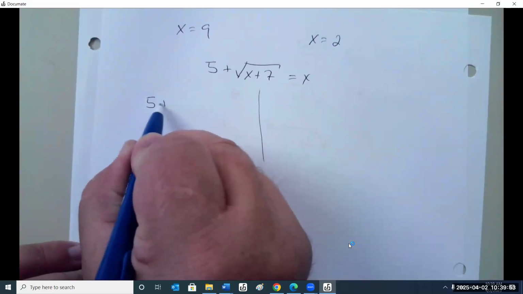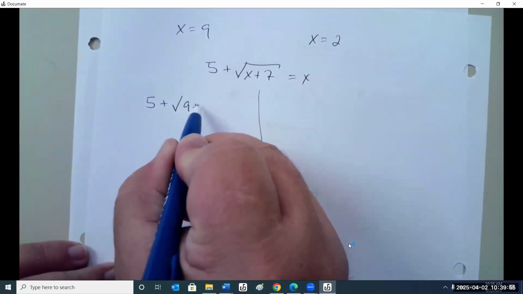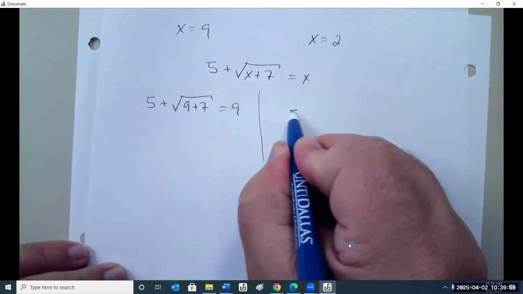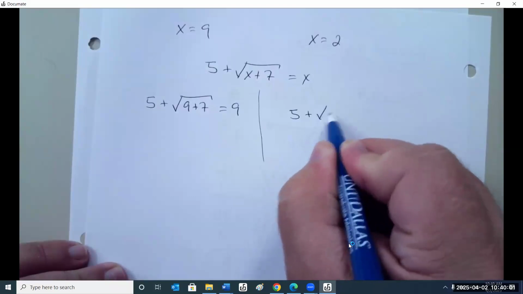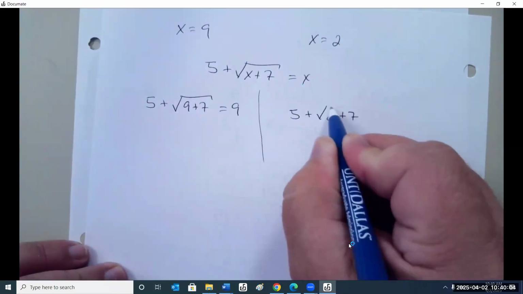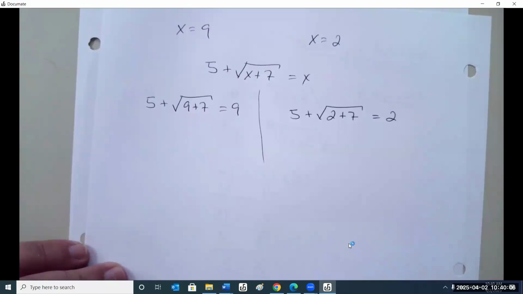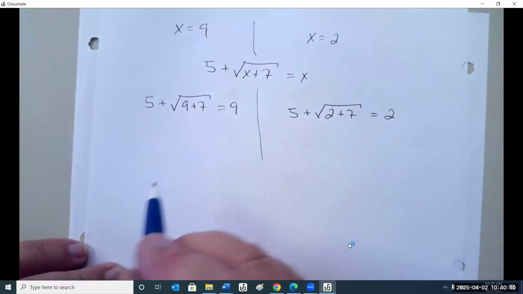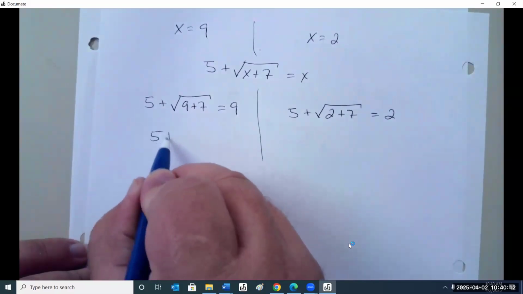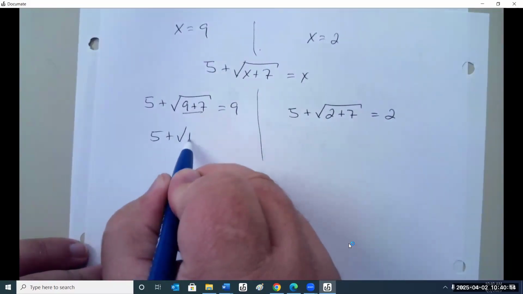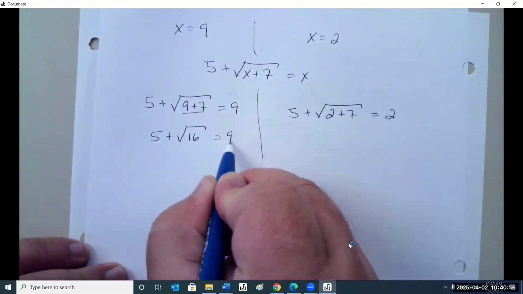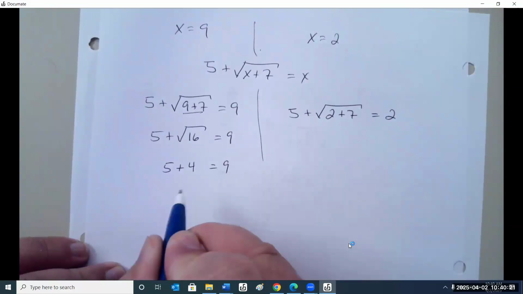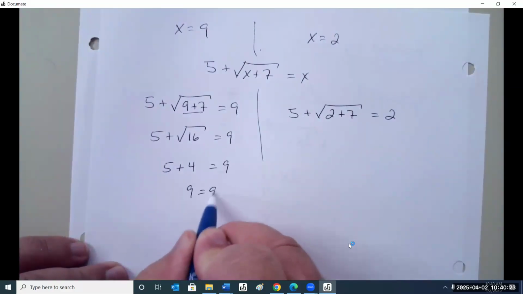We have 5 plus square root of 9 plus 7 equals 9. 5 plus square root of 2 plus 7 equals 2. 9 plus 7 is 16. Square root of 16 is 4. 5 plus 4 is 9.